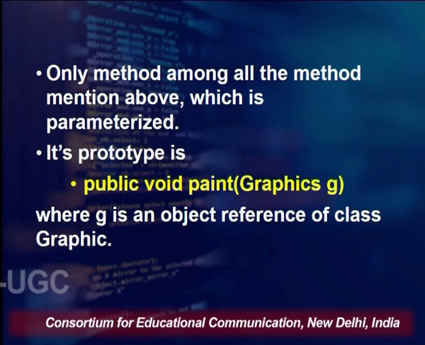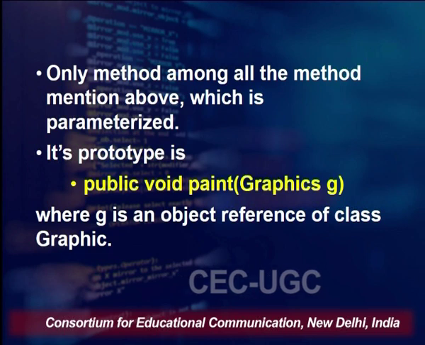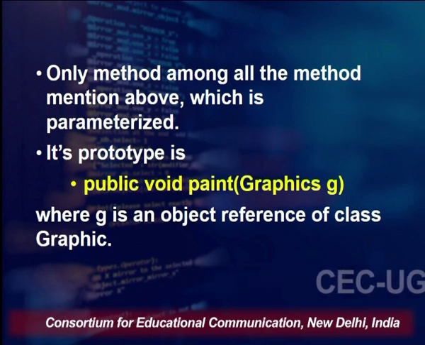One particular point which differentiates the paint method from all other methods in the life cycle, which are init, start, stop and destroy, is that this is the only method among all the methods mentioned above which is parameterized. And what is the prototype?